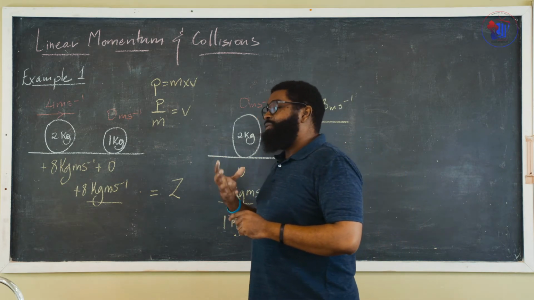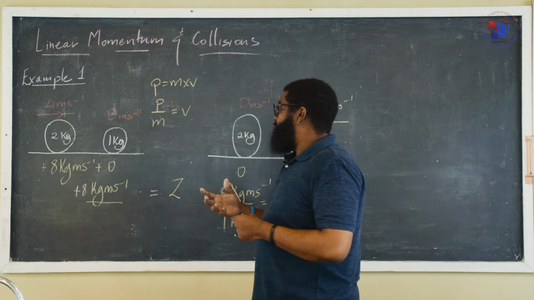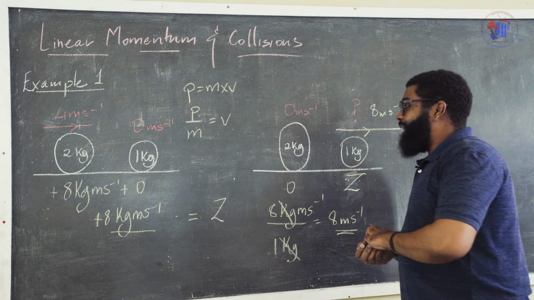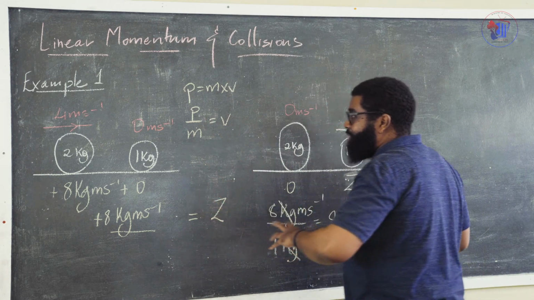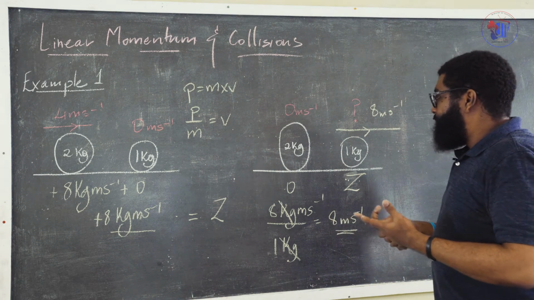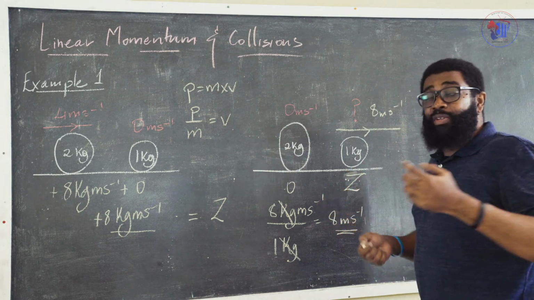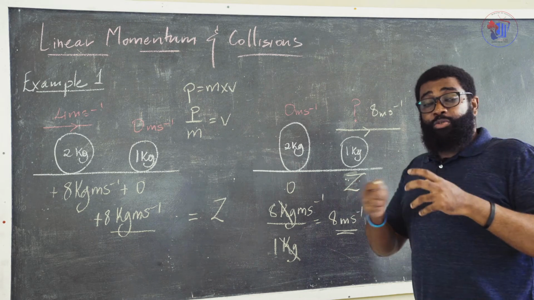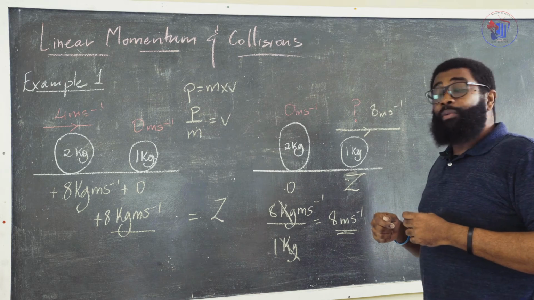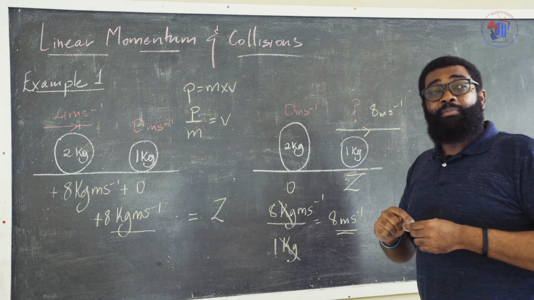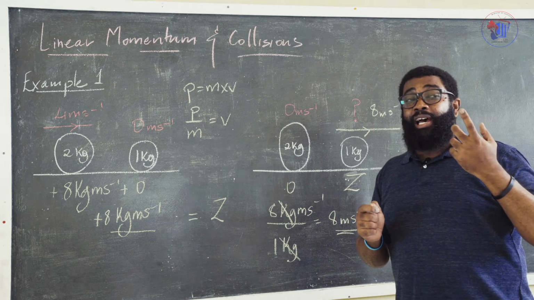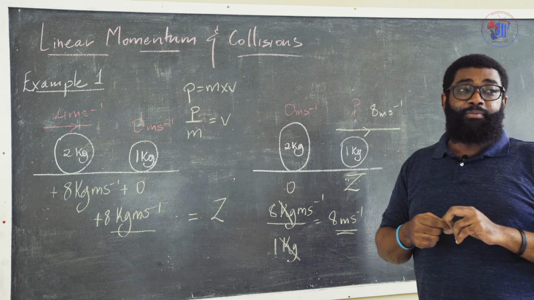But I usually avoid the formula for the simple reason that it pays to actually be able to analyze the situation on its merit, because sometimes that formula doesn't always help. There are some scenarios where you could even start off with a single object and then end up with 2 separate parts. That's actually an example, and we will look at it. I think that will be our last example. So for now, folks, do check over, tell me if I'm right, and let's move on to example number 2.